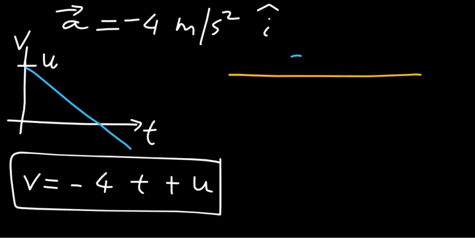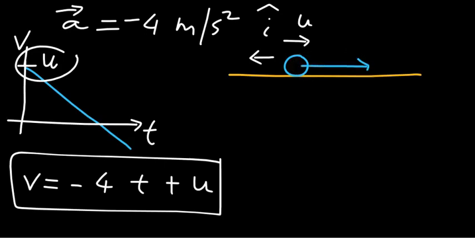What that means is, you have an object at some point in time, its speed is u to the right, and the acceleration is heading leftward. So what's going to happen to this object? It's going to slow down all the way until it comes to a complete stop.